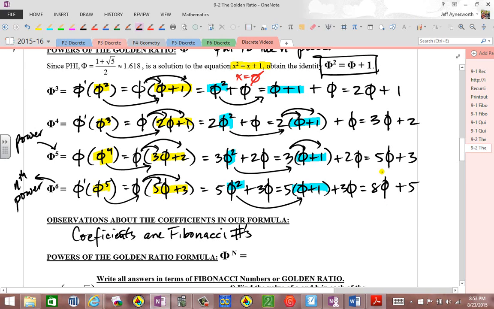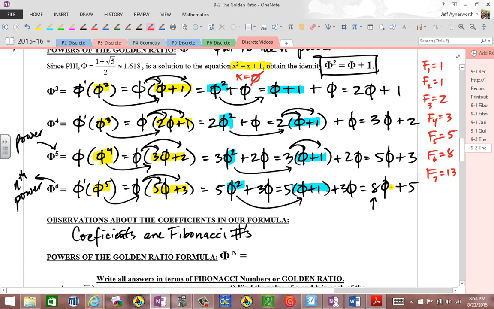Now, what Fibonacci number is 8? That's what you have to understand. So let's put the Fibonacci numbers in the margin here. F1 is 1, F2 is 1, F3 is 2, F4 is 3, F5 is 2 plus 3 is 5, F6 is equal to 8, F7 is 5 plus 8, which is 13.